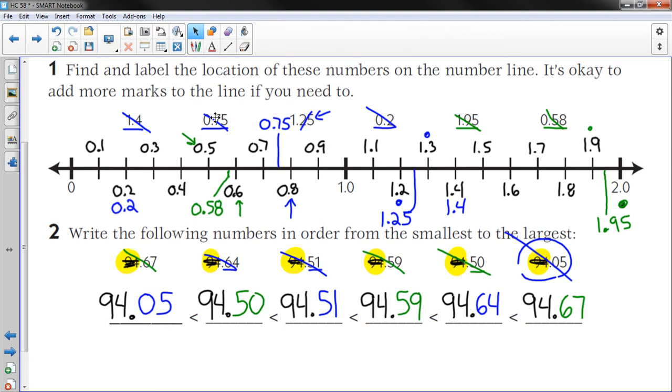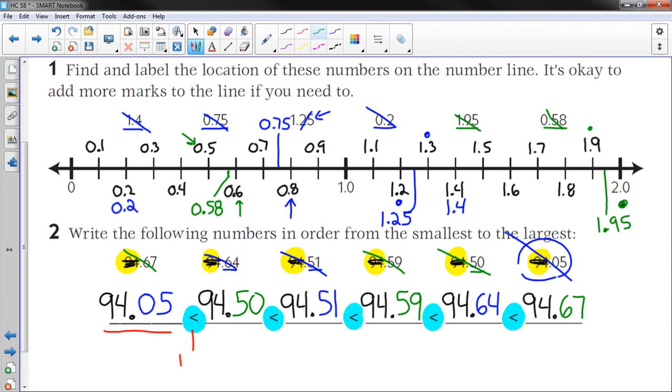And just to double check, are these symbols representing what I wrote? Just double checking. 94 and 500ths, this means is less than 94 and 50 hundredths.